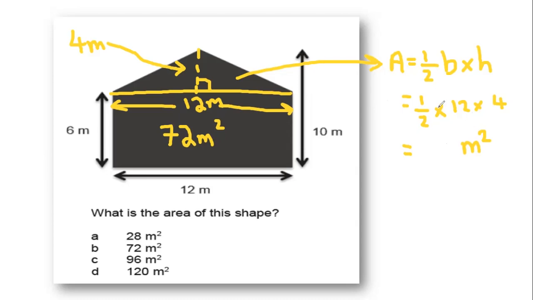What is half of 12? 6. Right. And what is 6 fours? 24. So the triangle is 24. And then we're going to add 72 to that, not true? 96. So the answer is 96.